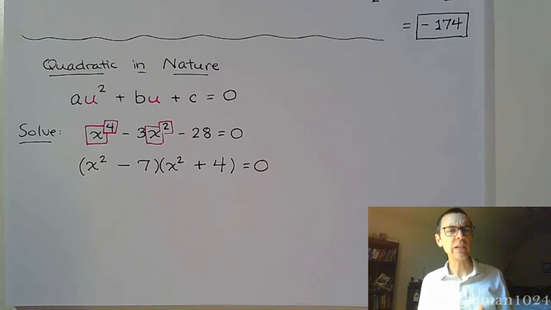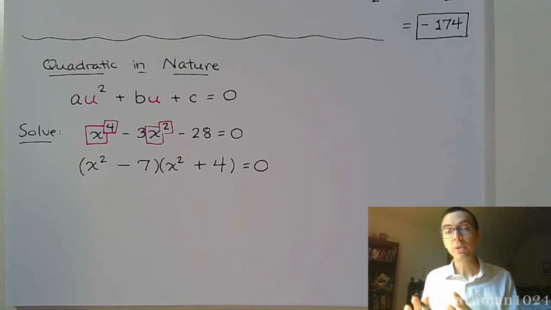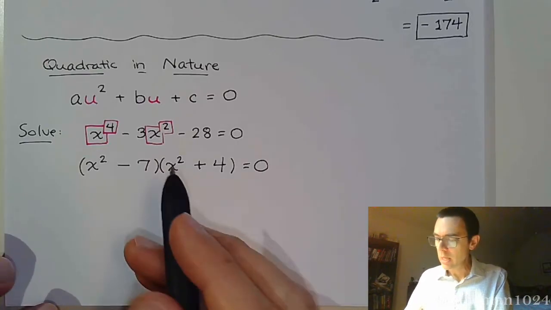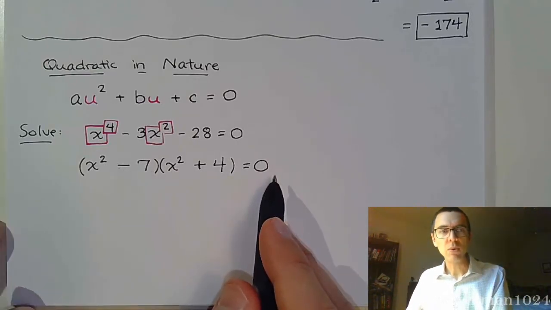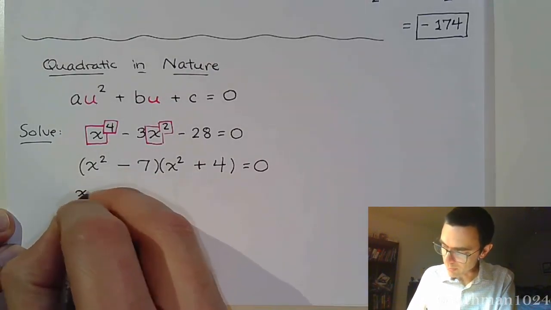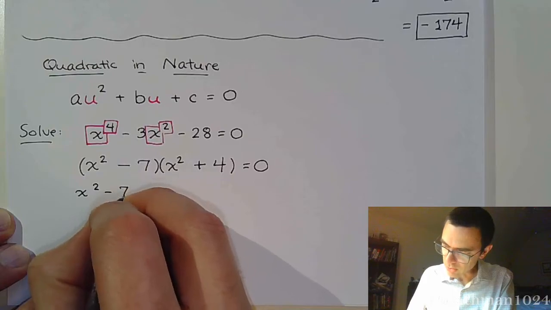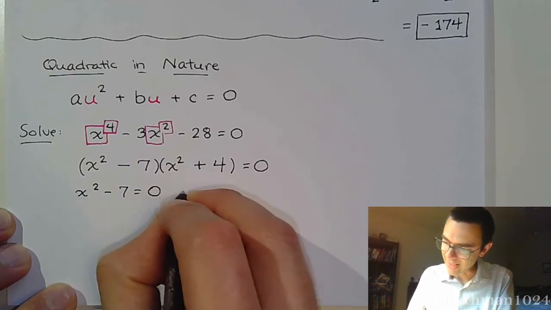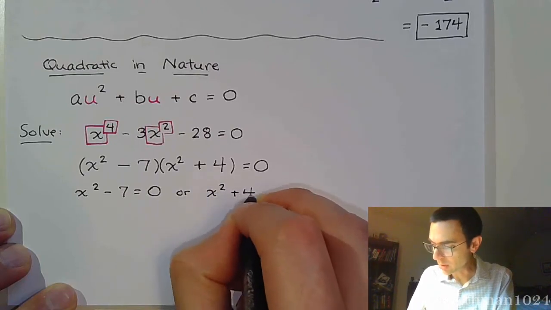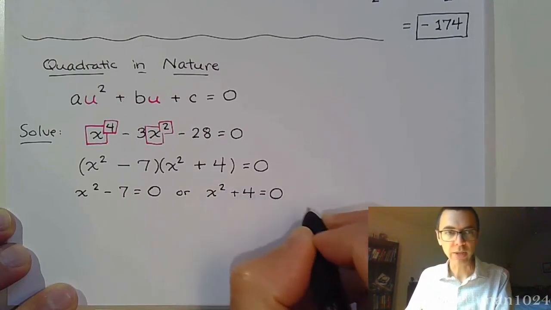And that's one of the things we're going to see a lot in these problems, is that we're going to manipulate them and rewrite them so that hopefully we can factor them. At this point, we now want to switch gears and do the zero factor theorem. The zero factor theorem would say, take each factor and set it equal to 0 and solve each of those smaller equations, like this.